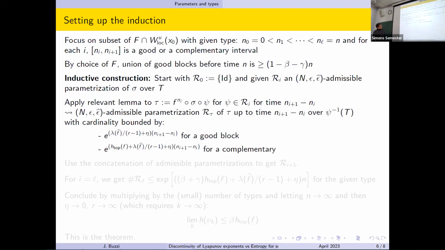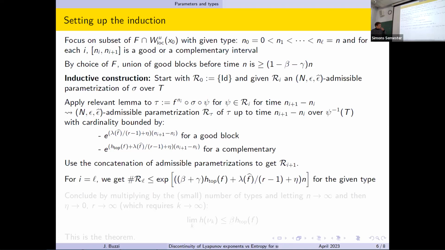Once we have this admissible reparametrization, at least for the time difference to the end of the block we are looking at, we use the concatenation lemma that is really easy and that we know, to get from R_i and all the reparametrizations for each piece the parametrization admissible up to the end of the interval we were discussing.